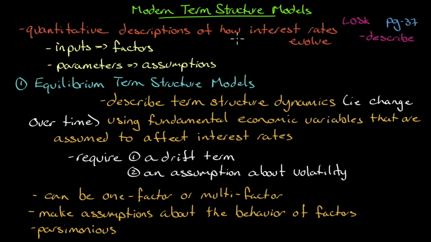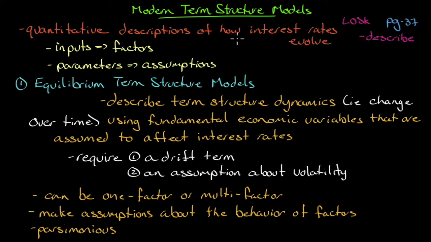Those are called factors or independent variables. So we need factors, and we're going to look at several different models that work either with one factor or multiple factors. And we need some parameters for the model, and in these parameters we build in our assumptions about how they will behave.